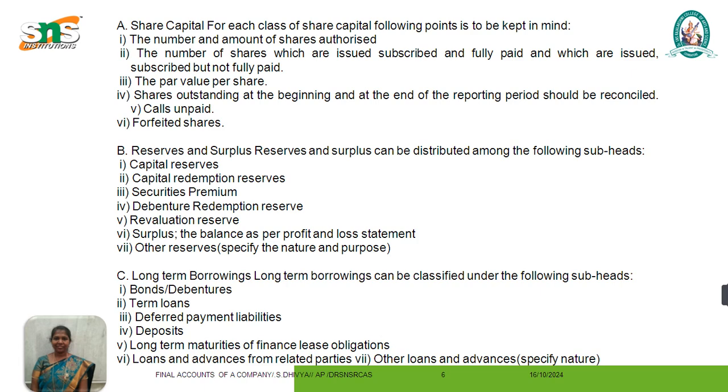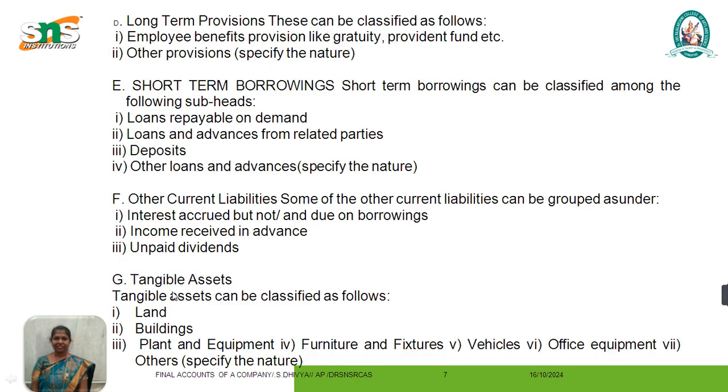Share capital is shown for each class of share capital, with the number and amount of shares authorized. Reserves and surplus, long-term borrowings, short-term borrowings, other current liabilities and tangible assets are the items that come under these headings.